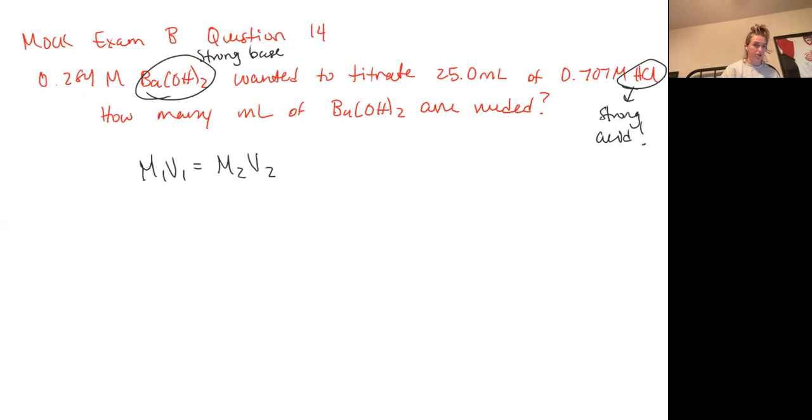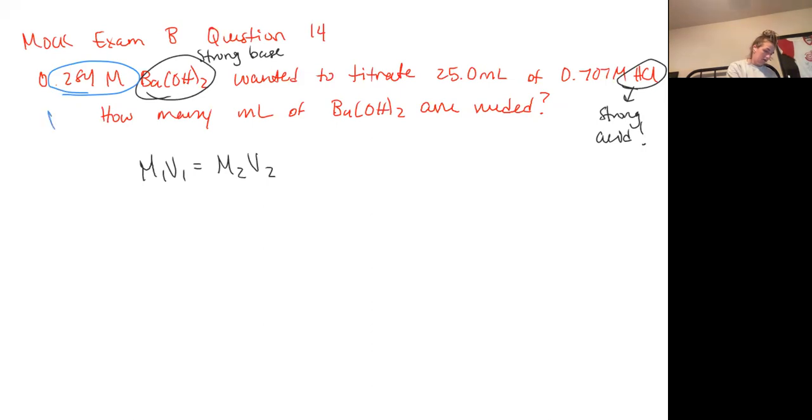Okay, so when we're looking at our question, I usually like to annotate and say, okay, what do I know already? So we have 0.284 molar barium hydroxide. Is that M1, V1, M2, or V2? Yeah, sure. We can call it M1.